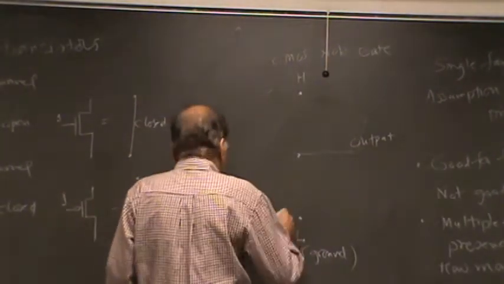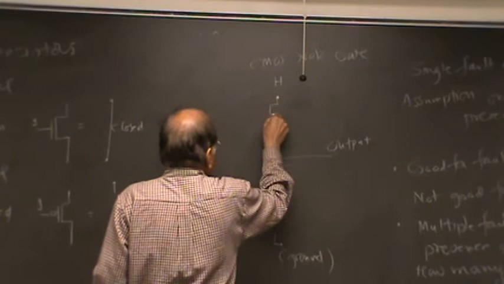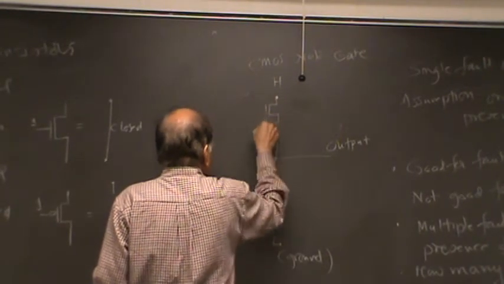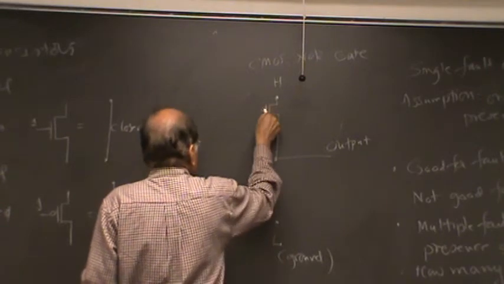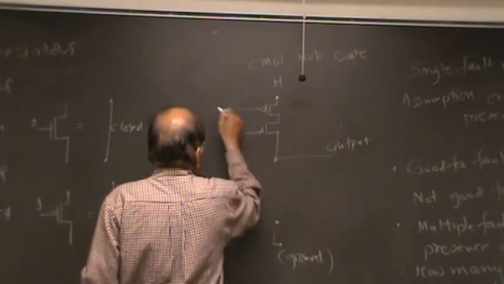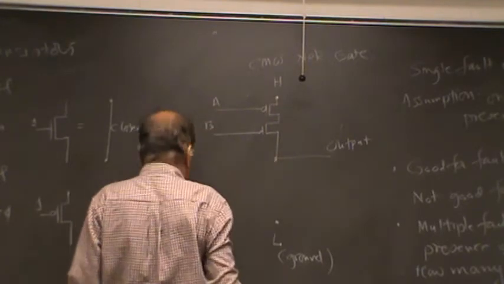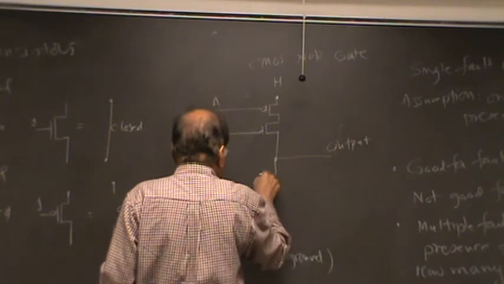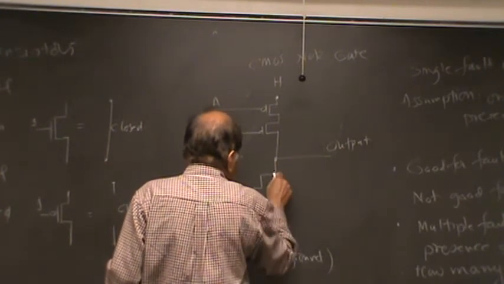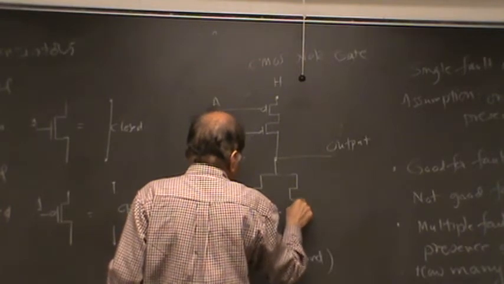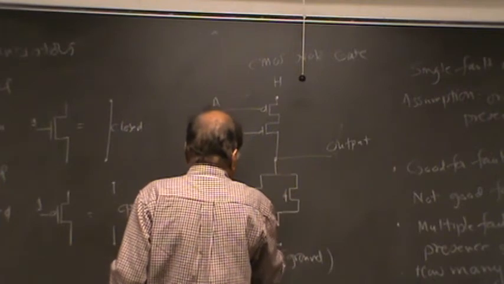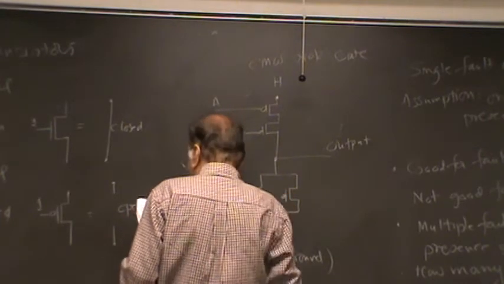So here is the NOR gate. You have two p-channel transistors, and let's call the inputs A and B. And then you have two n-channel transistors.